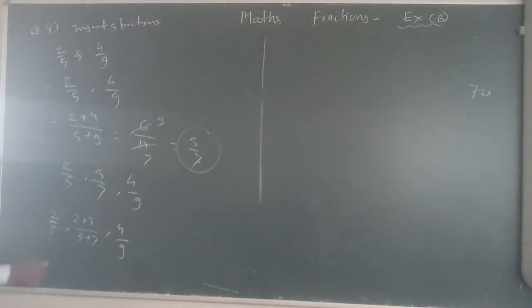Okay. So here take addition. 2 upon 5, addition: 2 plus 3 is 5, 5 plus 7 is 12.